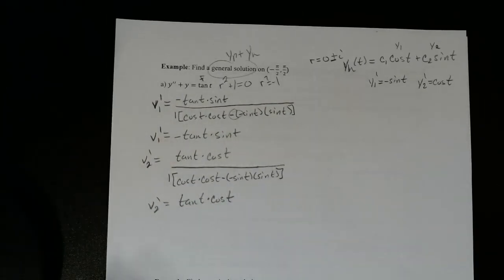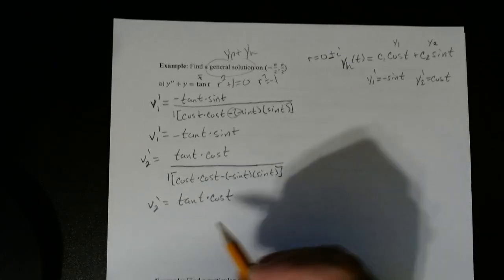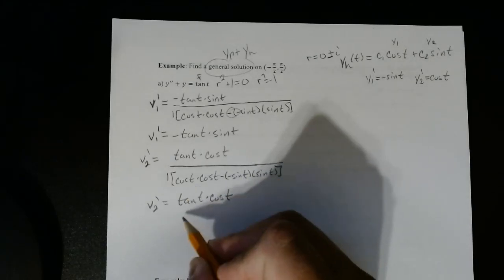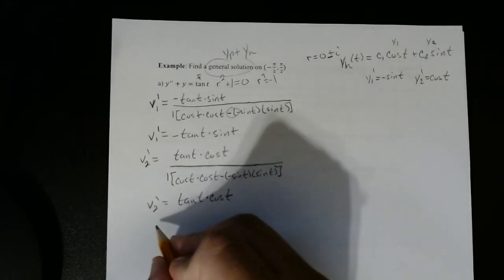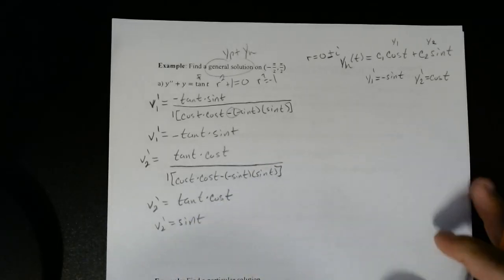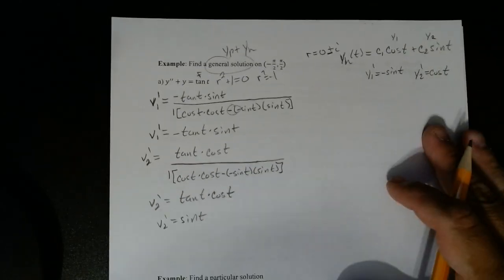So now how do we simplify this process? We'll do the easier of the two, since a lot of those cancel out with tangent and cosine. Since tangent is sine over cosine, the cosines cancel, and therefore this derivative is just sine of t. So we'll do that one first, since that's easy to do.